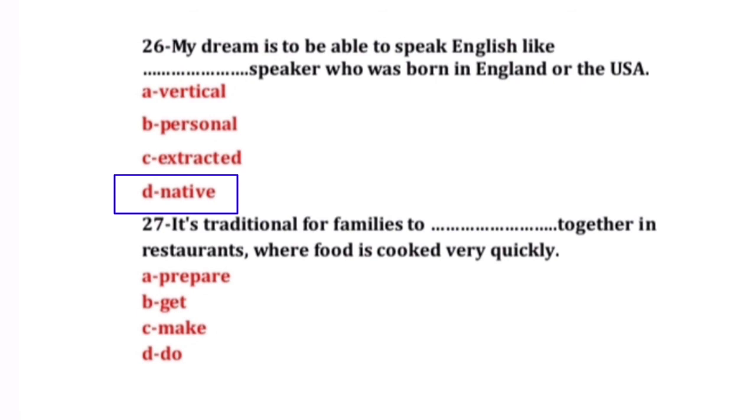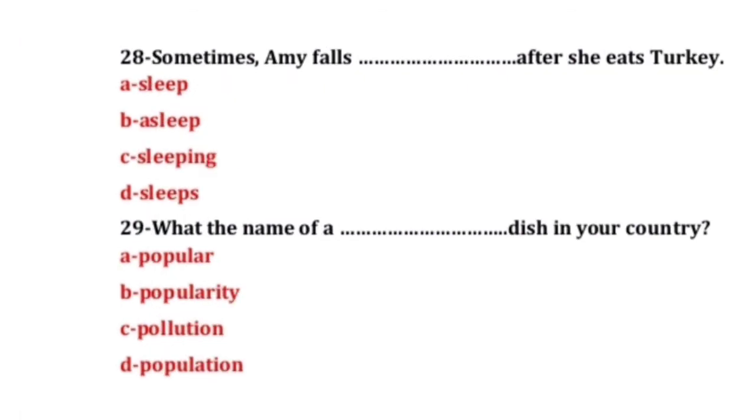It's traditional for families to get together in restaurants where food is cooked very quickly. The answer is get. Sometimes Amy falls asleep after she eats turkey. The answer is asleep. What's the name of a popular dish in your country? The answer is popular. Thanks for listening.